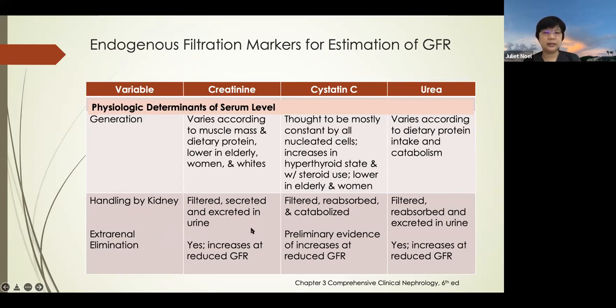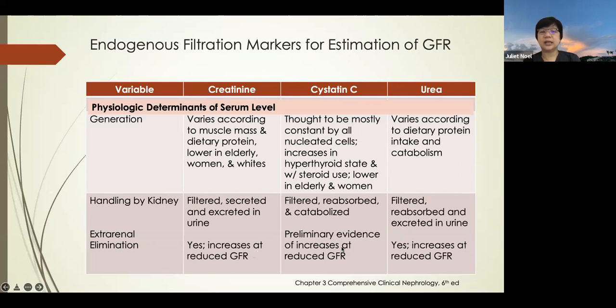The handling, so the difference: creatinine is filtered, secreted, excreted. The cystatin, filtered, reabsorbed, and catabolized. Whereas urea is filtered, reabsorbed, and excreted. Extrarenal elimination, yes, increases as we have reduced GFR.